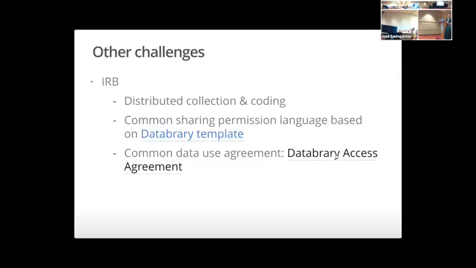So a central challenge that we have been facing, and it's an ongoing one, is the challenge of IRB permissions. We chose to do a single IRB. Based upon the timing, we were not required to. There is a lot to be said about the challenges of doing this sort of work.